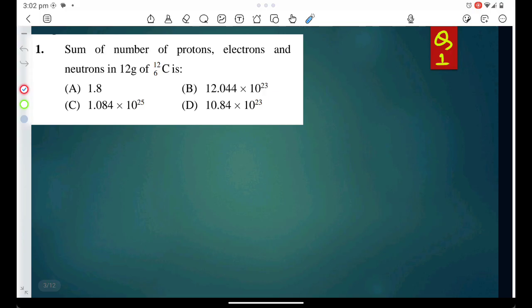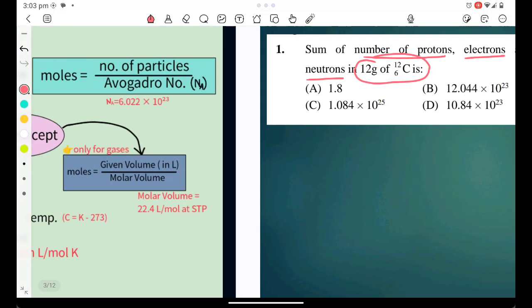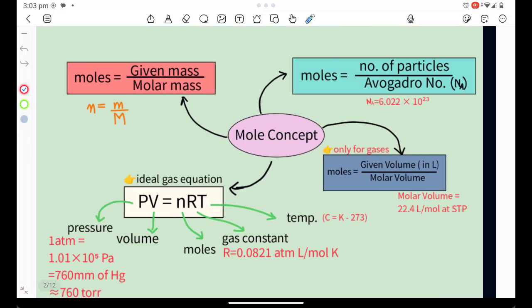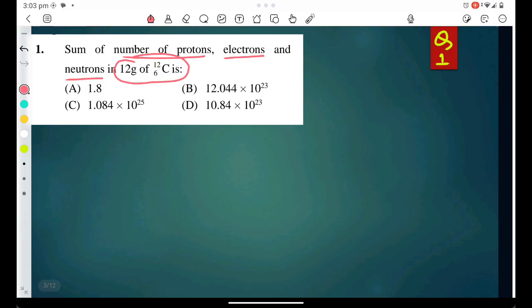Let us begin with our first question. It says: the sum of the number of protons, electrons, and neutrons in 12 gram of carbon is. The mass of carbon is given, so as I told you earlier, we are going to use the first formula for number of moles. Number of moles n is equal to the given mass m divided by molar mass.